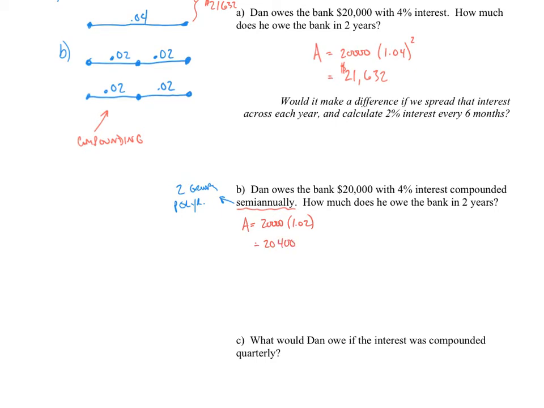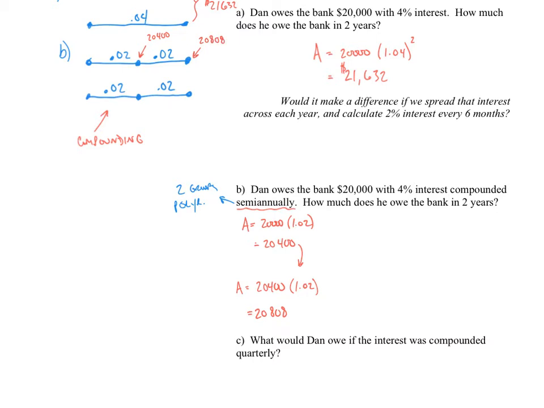So if we're compounding, at this point he now owes $20,400. Now let's fast forward to another 6 months later. Moving to the second 6 months, he starts off owing $20,400, and we add 2% to that. When we put that into the calculator, we end up with $20,808. So at the end of year 1, he now owes $20,808.